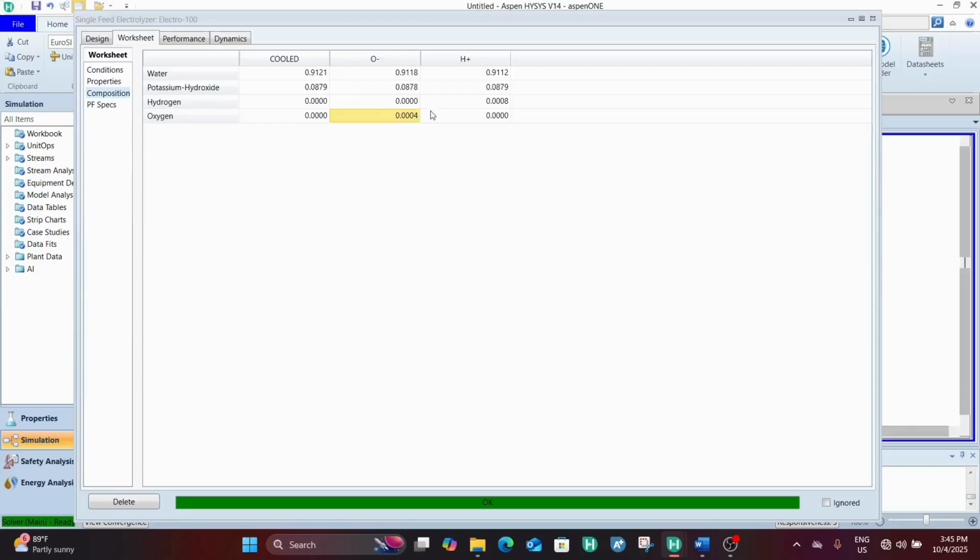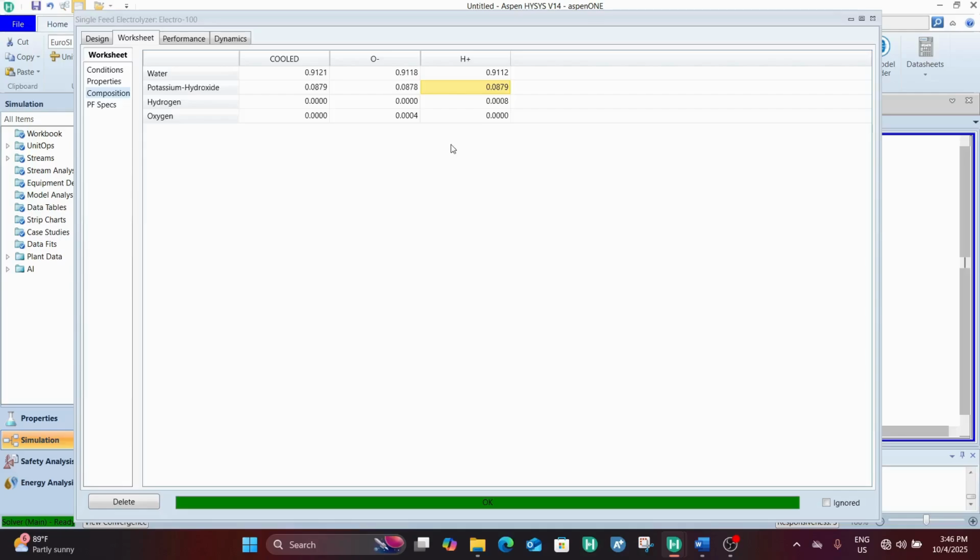It's so insignificant. For the hydrogen, it's the same thing. As you can see, we still have 91% water present, and also 91% water present, and mostly the potassium hydroxide, approximately 9%. So we basically did not generate any oxygen or hydrogen.